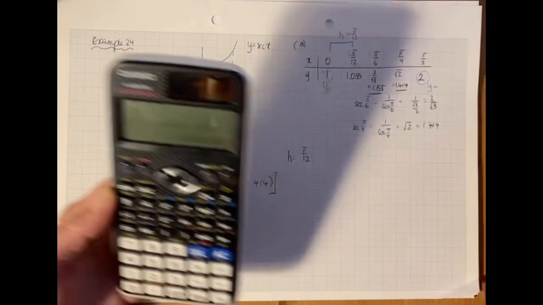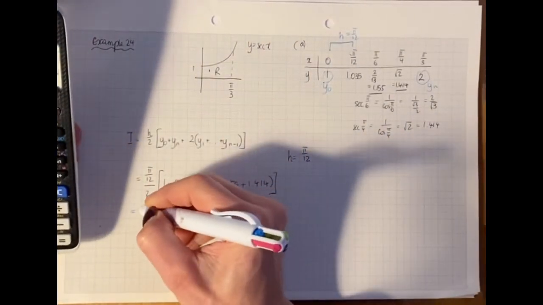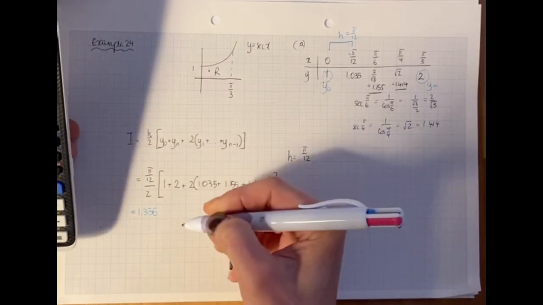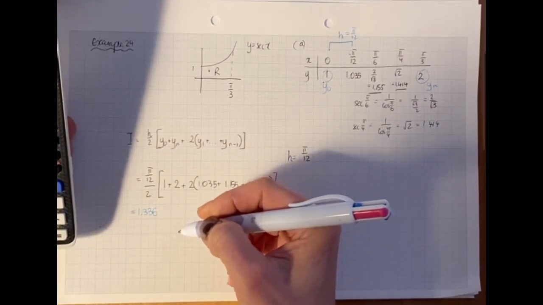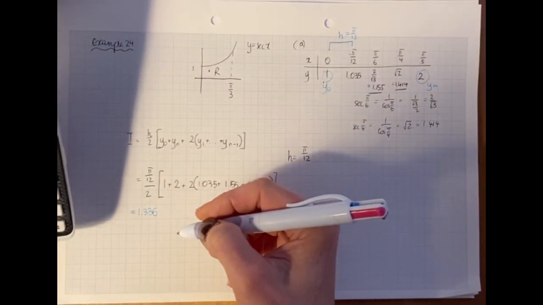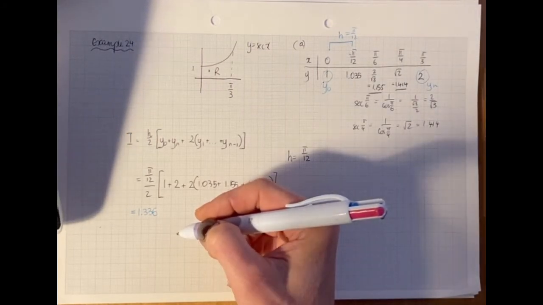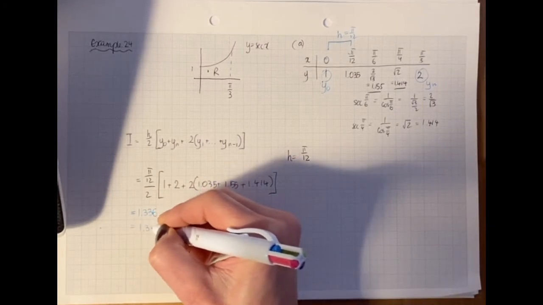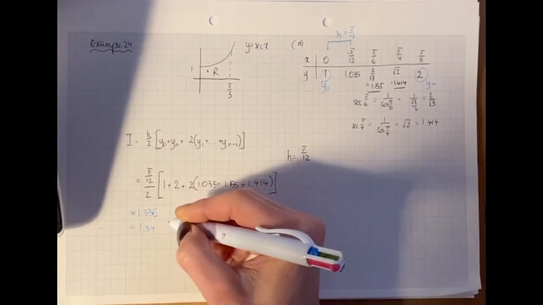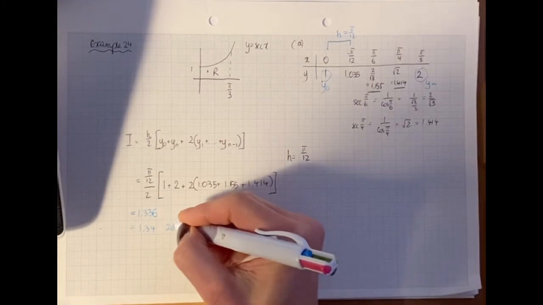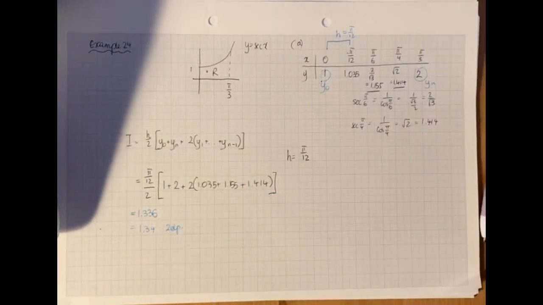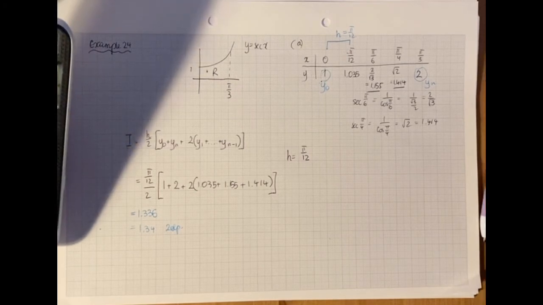It's 1.336. This is 1.34 to 2 decimal places. There you go.